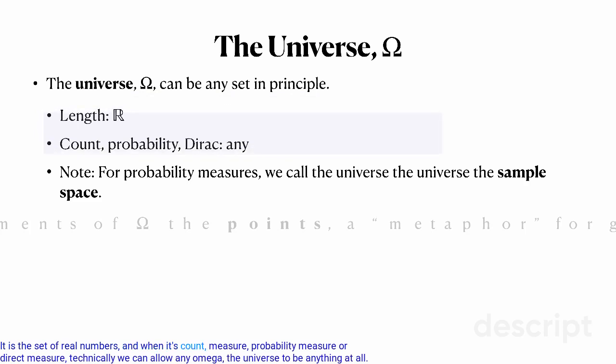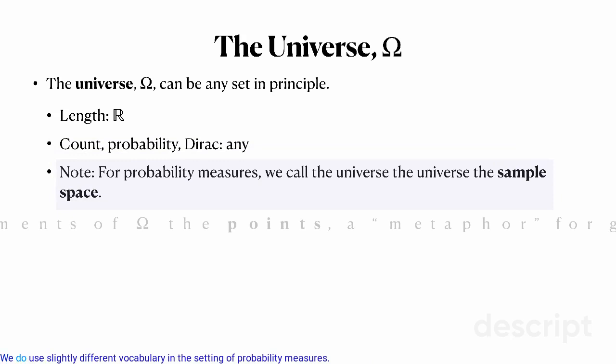And when it's count measure, probability measure, or Dirac measure, technically we can allow any omega, the universe, to be anything at all. We do use slightly different vocabulary in the setting of probability measures, and I've already said this. When the measure is a probability measure, we usually say sample space instead of universe.